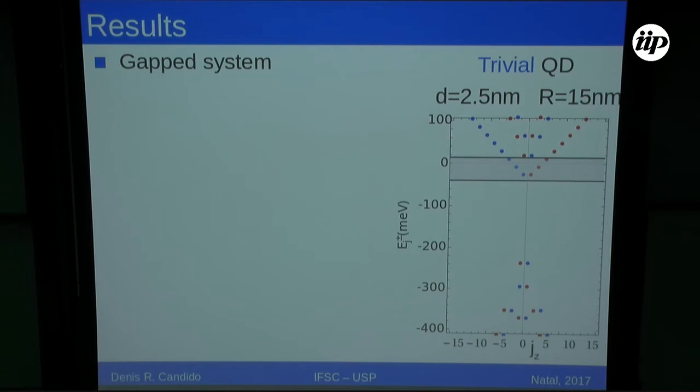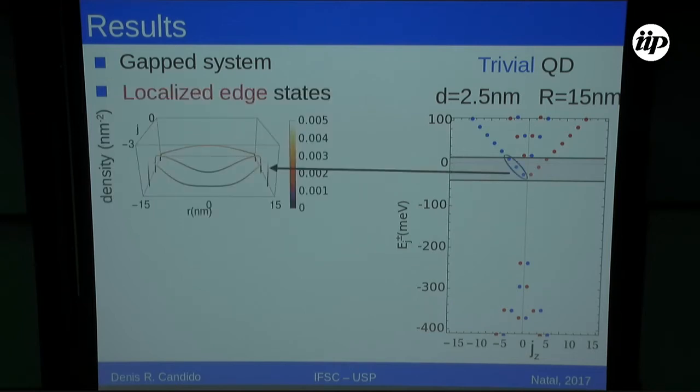So for a trivial quantum dot with 2.5 nanometers of thickness and radius equal to 15 nanometers, I already can find three separated states that do not contain any discrete levels in between them. Here I plot the wave function of these three. As you can see, with the exception of the lowest conduction state, the other two, this one and this one, for instance, are edge states.